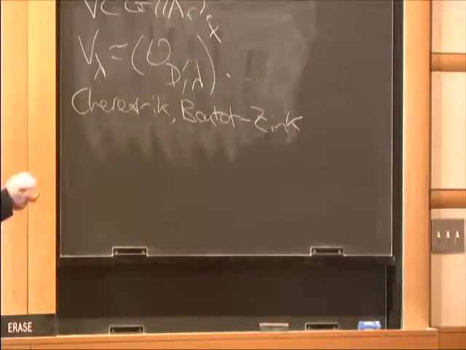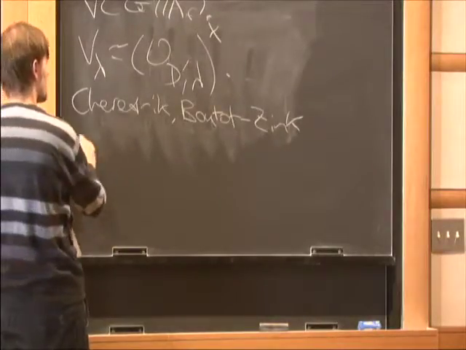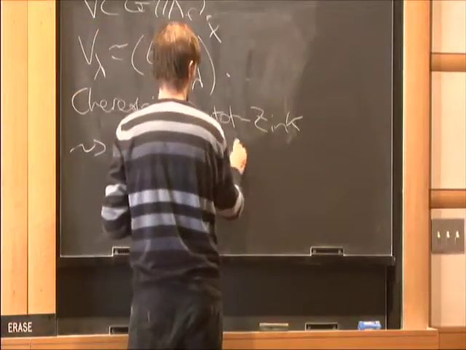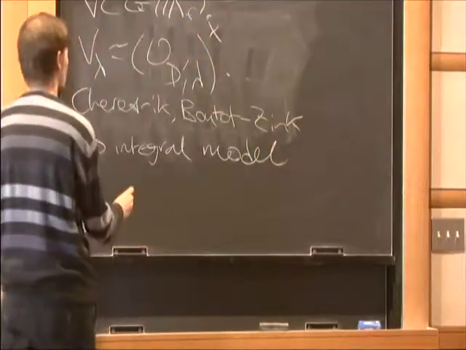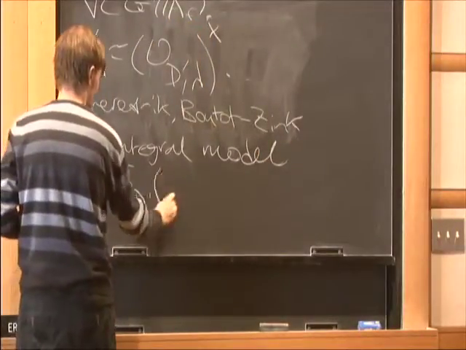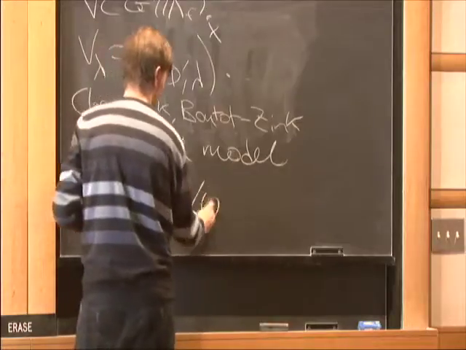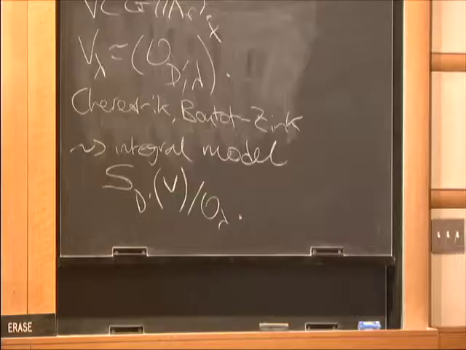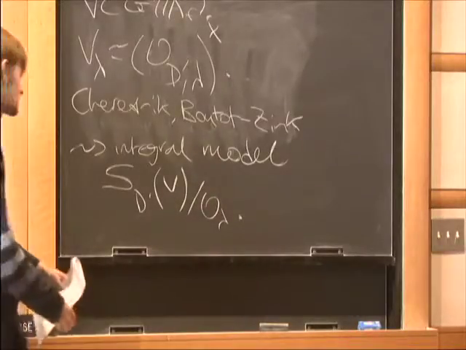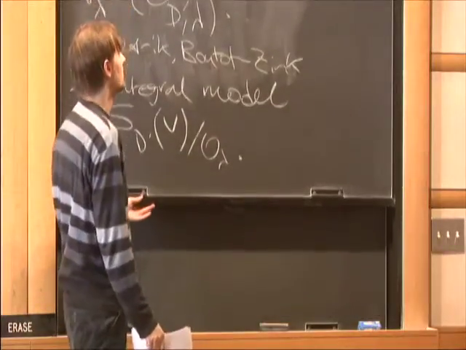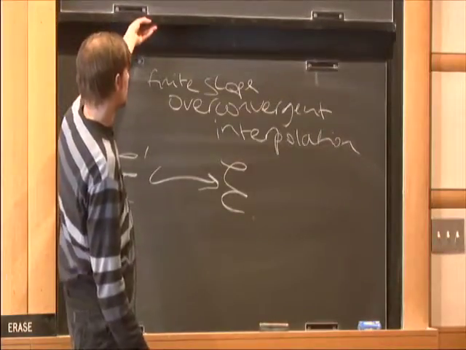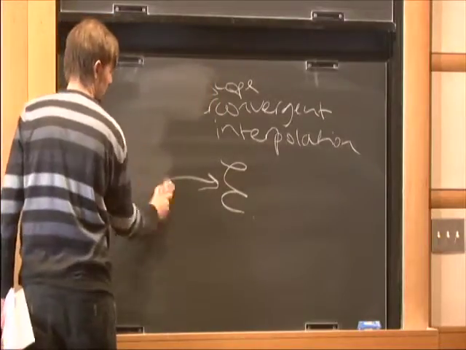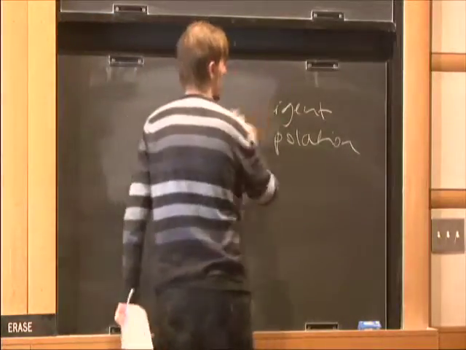And the output of that is, basically, you get an integral model S_D',V over O_lambda, where the special fibre is a bunch of rational curves intersecting at certain points, and one can describe the structure of that special fibre in terms of, if you like, its dual graph.